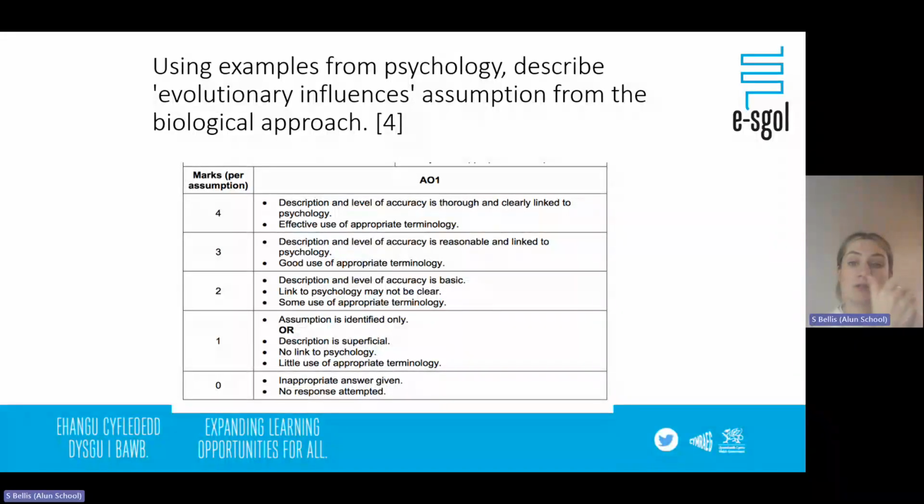Your example can be altruistic behaviour and EEA, environment of evolutionary adaptiveness. You've got to get in your minds that it's description, example, and within the example it's using the appropriate terminology. It's things like altruistic behaviour, natural selection, genes. They're all psychological terminology that will make sure that you get that top mark band.